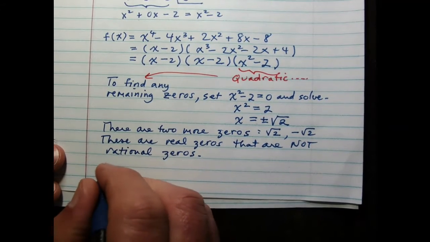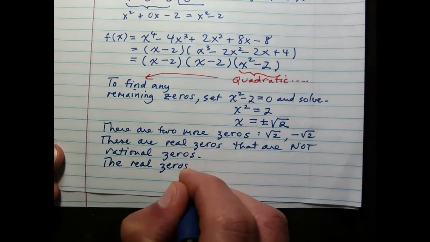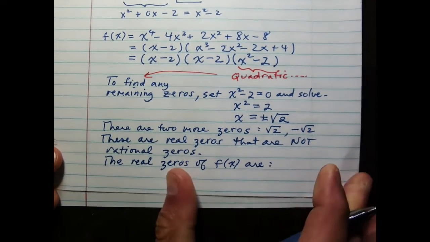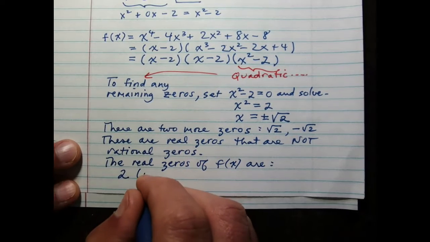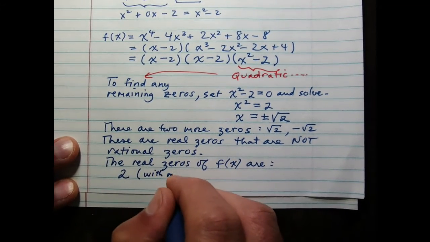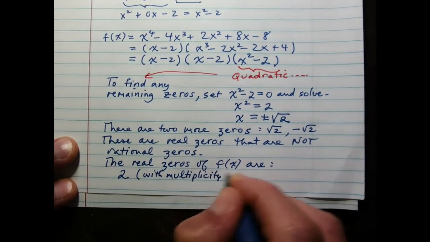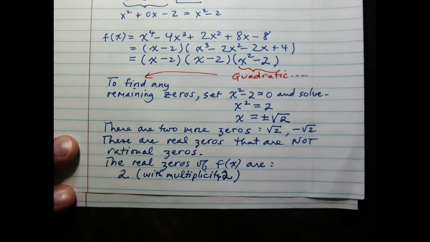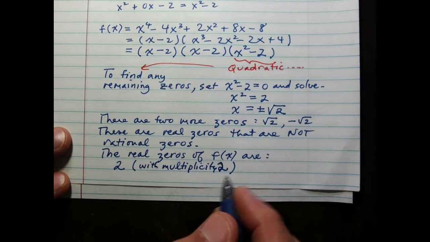So what did we find out here? We wanted to find all the real zeros, so let's write an answer to this problem. The real zeros of f of x, our original function, are, well, we found 2, and in parentheses I'm going to say with multiplicity 2, because the multiplicity tells us that there were two factors of x minus 2.